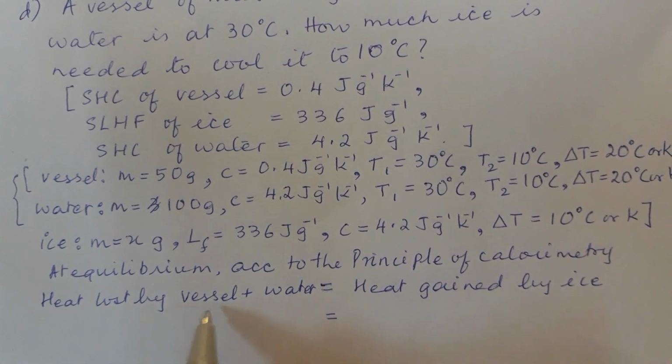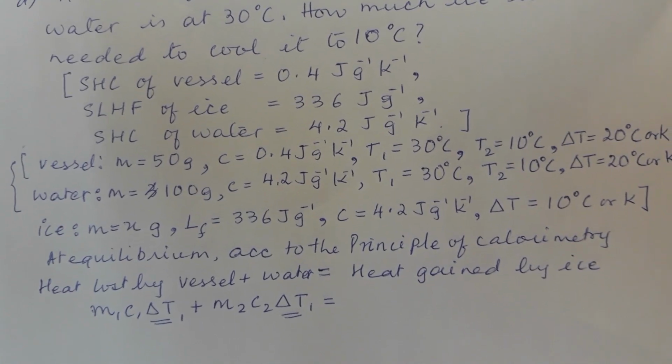For the vessel we will use m1c1ΔT1 because it's the change in temperature. For water we will write m2c2ΔT1 because both of them are in contact with each other. Your ΔT will be the same therefore. For heat gained by ice, ice is first going to melt, so it's going to be mass into latent heat of fusion, plus once it becomes water, it's going to show a rise in temperature, so it becomes mcΔT.